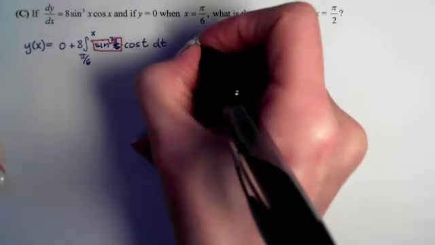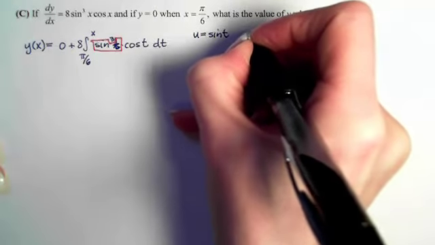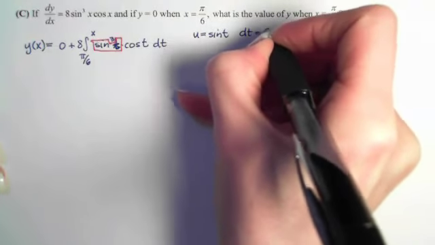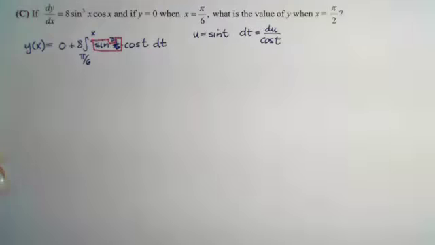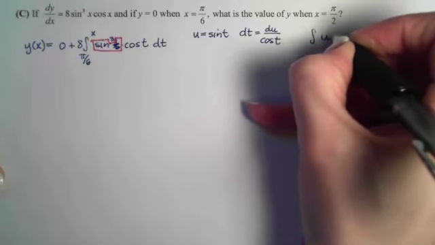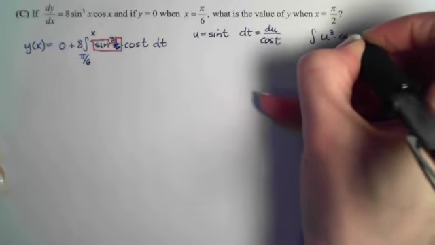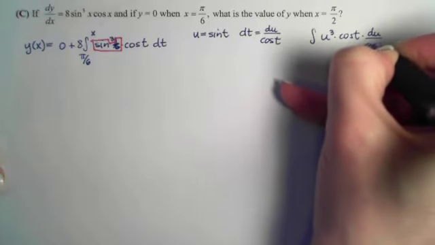So that's a good choice for my u. So I'll let u equal the sine of t, which means dt will be du over the cosine of t. And if I do the replacement, I will get a u cubed times a cosine of t times a du over a cosine of t.